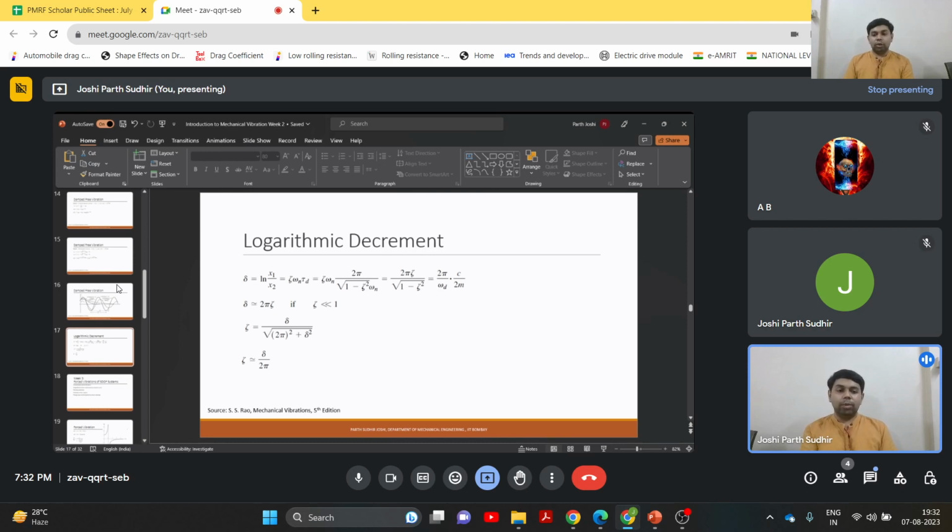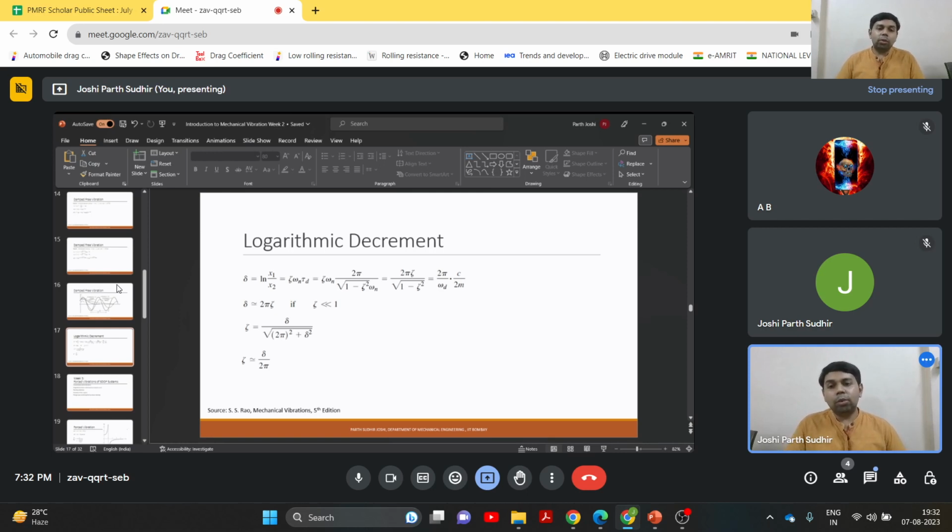Based on that, we can derive the solutions, and from the initial conditions, we can get the unknown constants present in the solution. That is the general approach for any vibration problem.